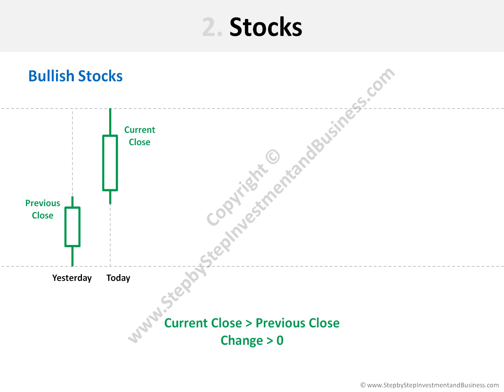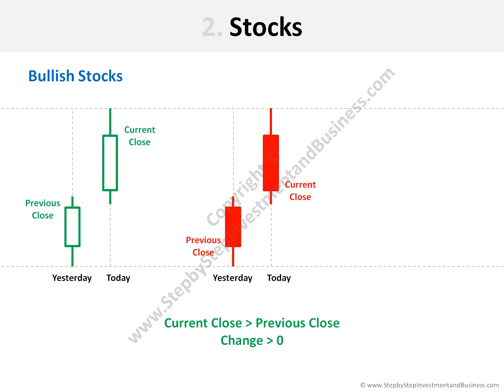As they are green candlesticks, the top end of the body represents the close. In this case, we have a bullish stock because the current close, represented by the right candle, is higher than the previous close.